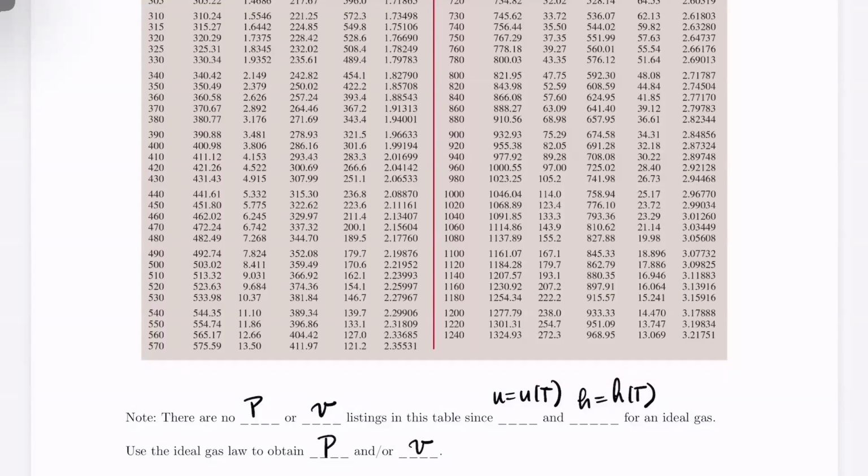And then just like when we looked at other tables, if we are looking for something that's not a specific row, we're going to have to use interpolation with respect to temperature to find things that are in between lines, essentially, of the table. Okay.